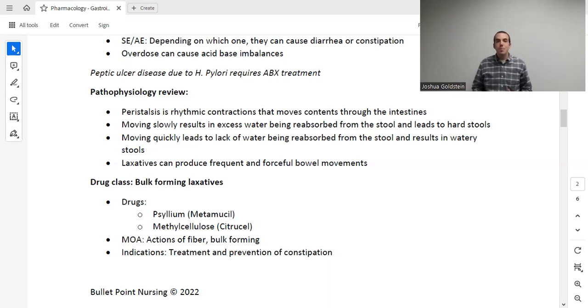Keep in mind that this system is not only used by the GI tract. Some of our blood vessels, especially distal capillaries, don't have that pressure from the heart to keep the blood moving. They also use peristalsis.